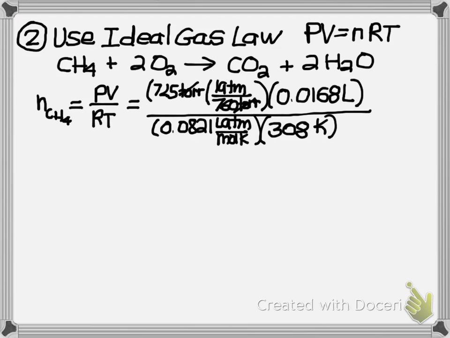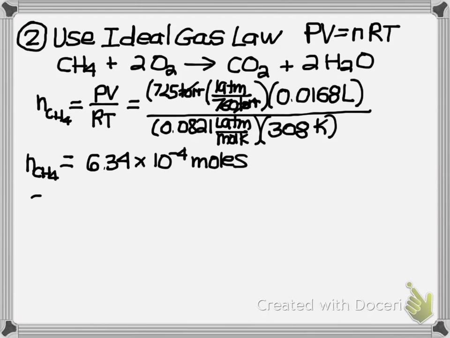So now reviewing this problem yourself, you may need to review how you would make sure that you had everything in the correct units. When I solve for this, I get that n is 6.34 times 10 to the negative 4th moles. So this is the number of moles of methane.